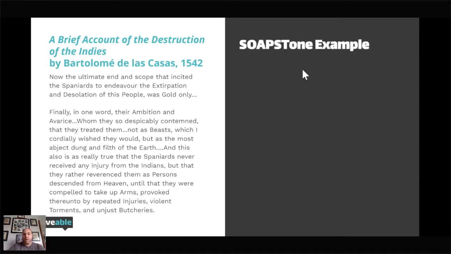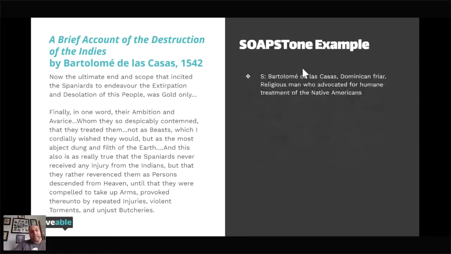Okay, so we will start at the beginning. S, the writer, the author, or as we call it, the speaker, is Bartolome de las Casas. Now, who was he? He was a Dominican friar, meaning he was a Catholic man. He was very religious. He was part of an order of monks.